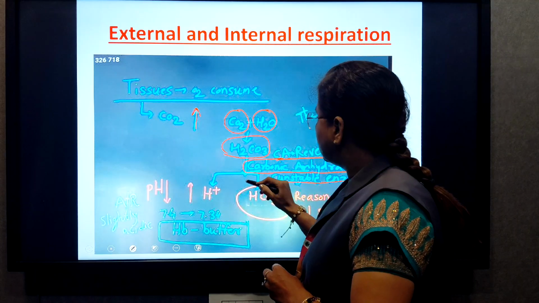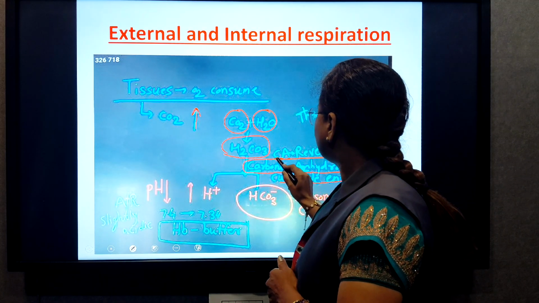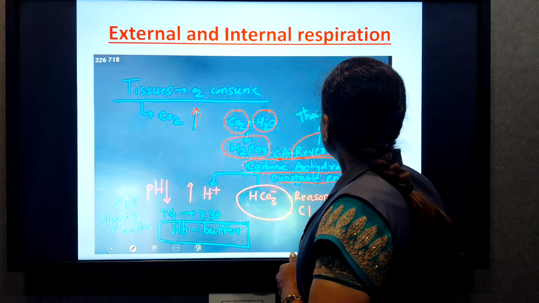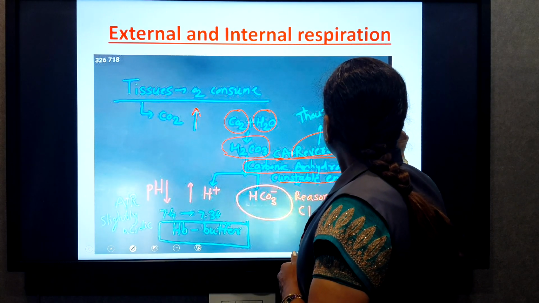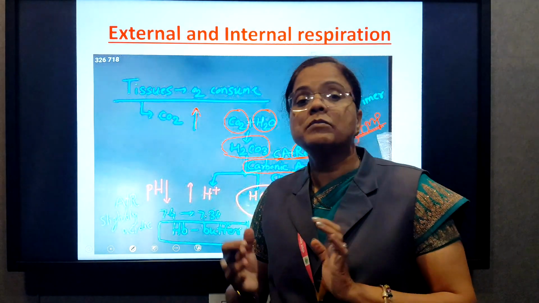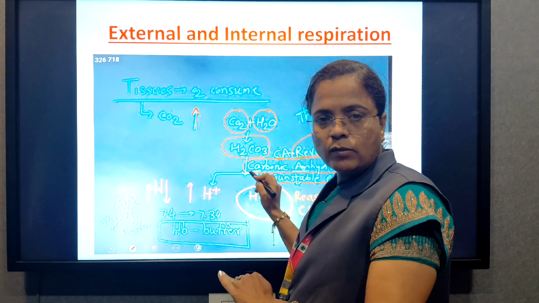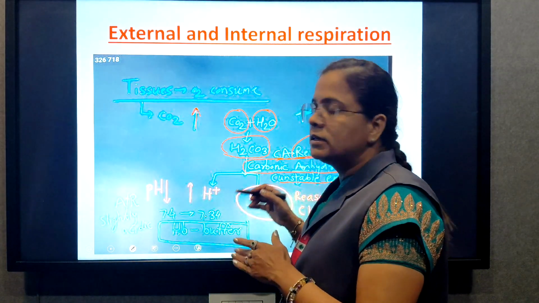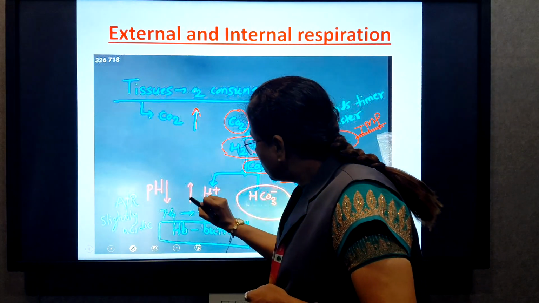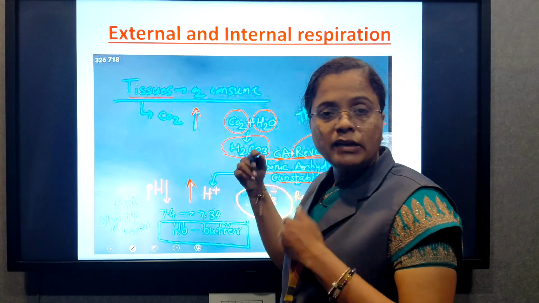This carbonic anhydrase enzyme is reversible. That mechanism is very important and is asked in AIIMS level questions. In the presence of carbonic anhydrase enzyme, carbonic acid dissociates into H+ and HCO3-. So at the tissue level, the hydrogen level increases.